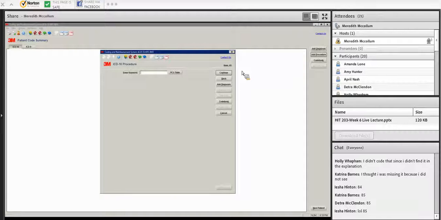Even if I just try salpingo-oophorectomy, hold on, if I could spell. Salpingoplasty. Interesting. Let me try a different one.